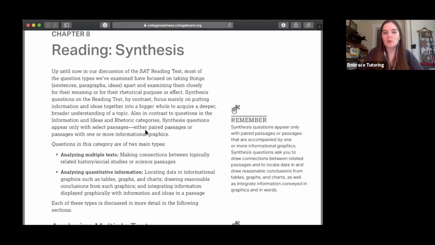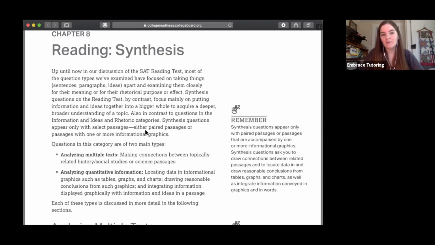They break it down into two main types. There are questions focused on analyzing multiple texts. That would be something like the paired passage, where you're making connections between topically related history, social studies, or science passages.